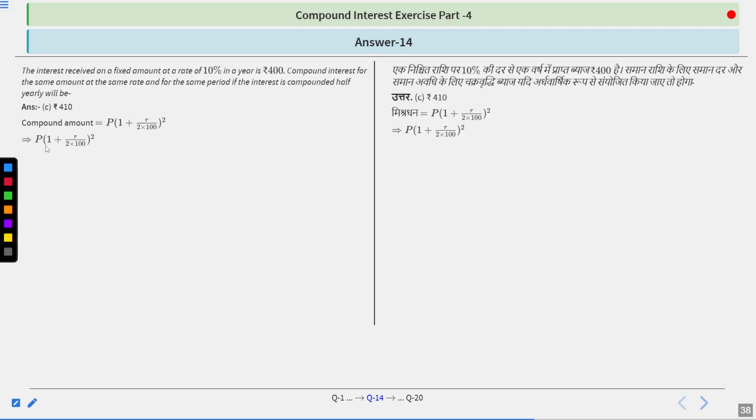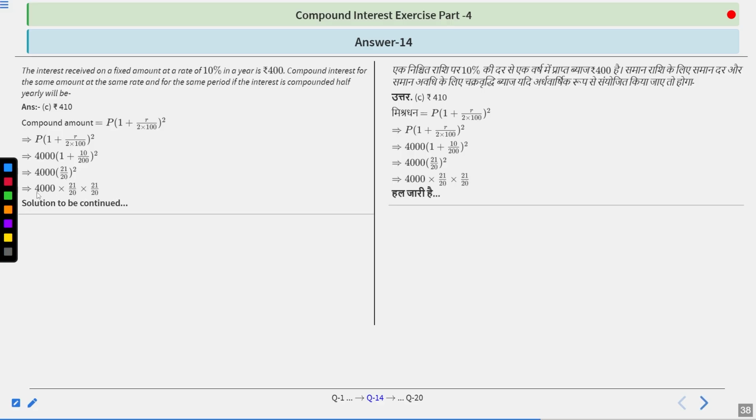Putting the values, 4,000 into (1 plus 10 upon 200) whole square. That is 4,000 into 21 upon 20 whole square. So we can write 21 upon 20 twice.